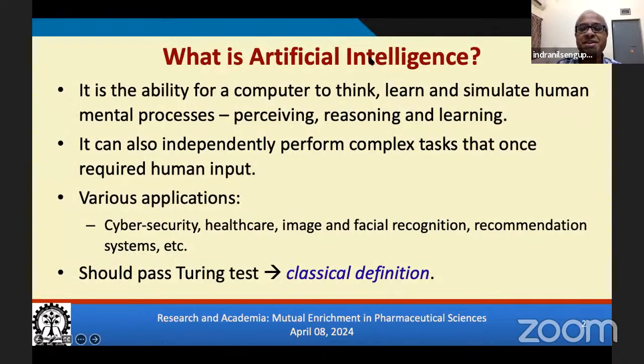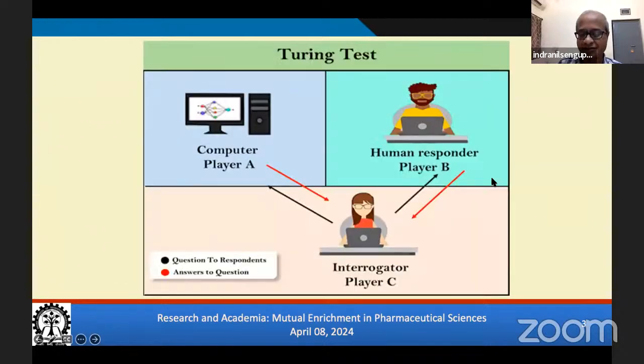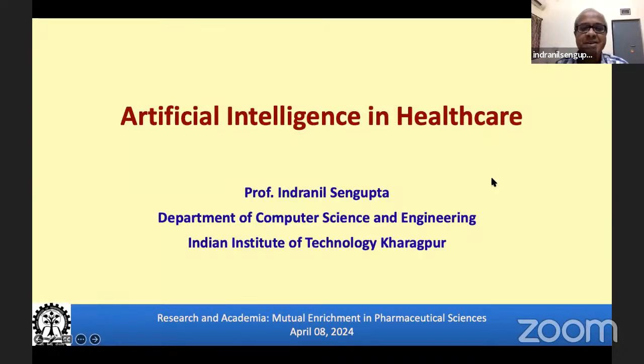The topic on which I would be speaking is AI in healthcare. Nowadays, all of us hear about AI and machine learning.